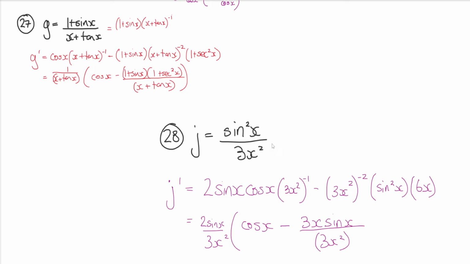Okay, so then, wait, one of the x's can cancel. 3 can cancel. We get that. Beautiful. Ugly, but beautiful.